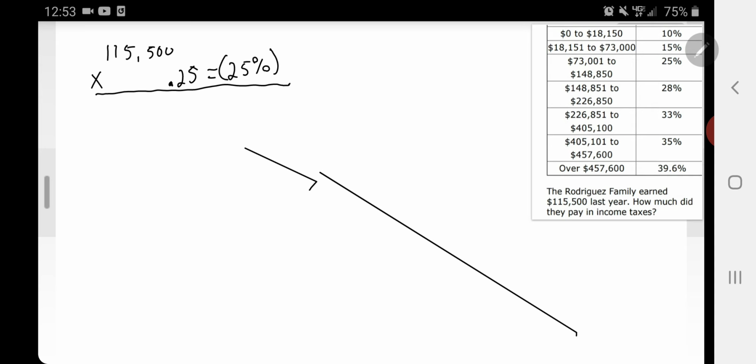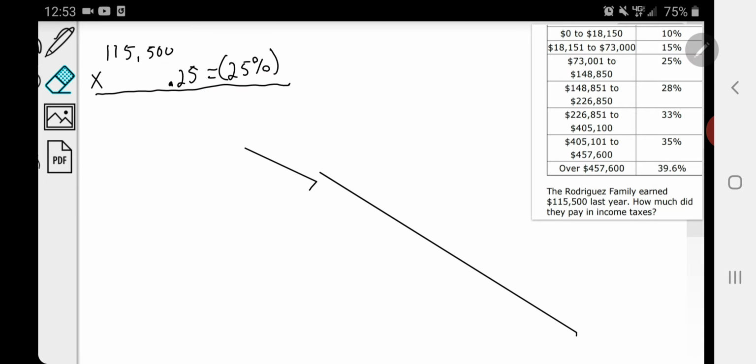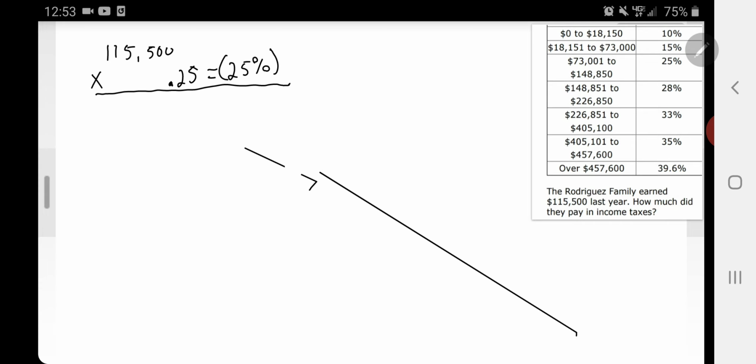Once again, to convert a percentage, you just drop the percentage, add a decimal, and move the decimal 2 times over, or take 25 divided by 100. Sorry. My screen is very sensitive to my hand on this.